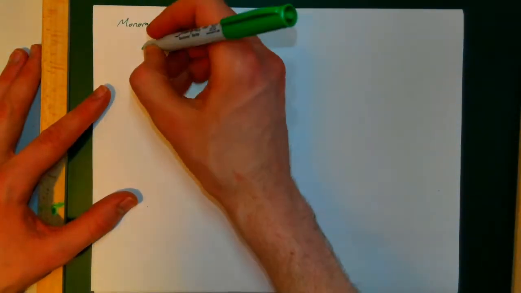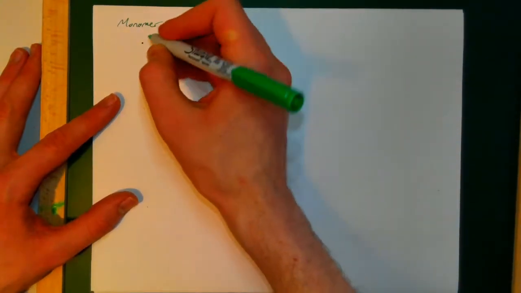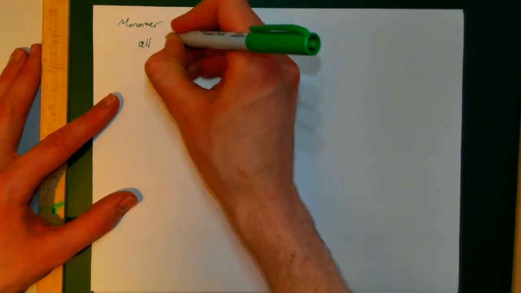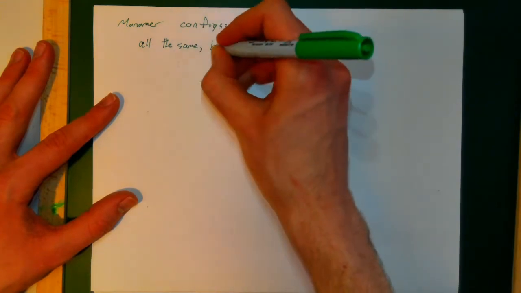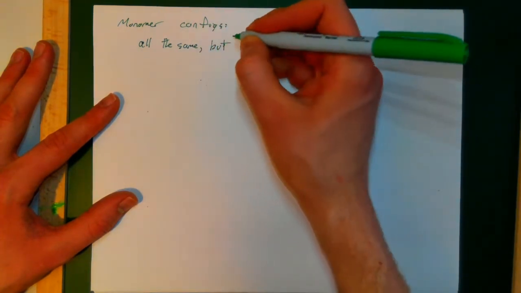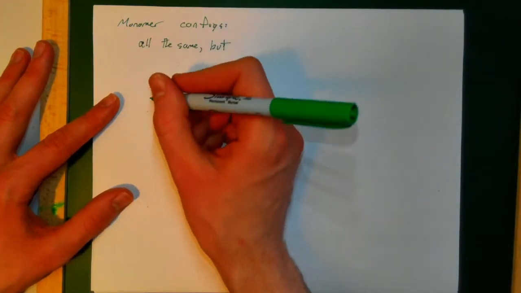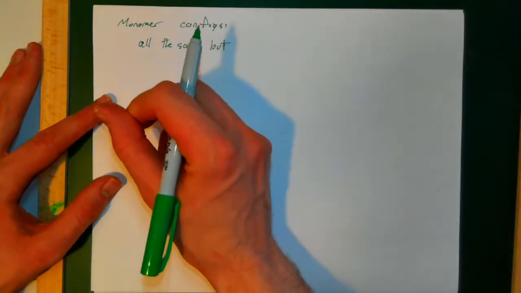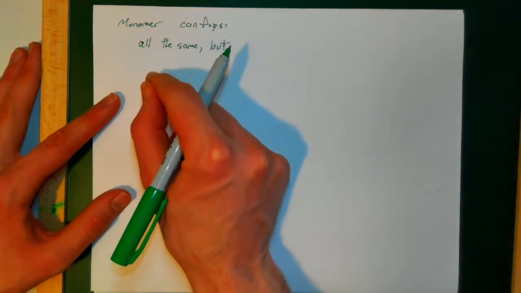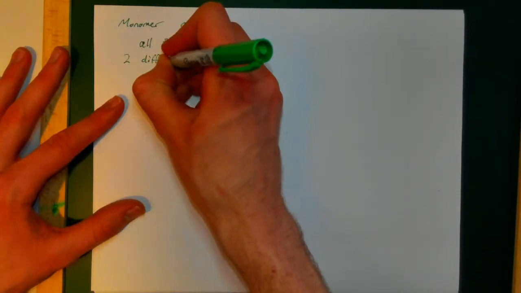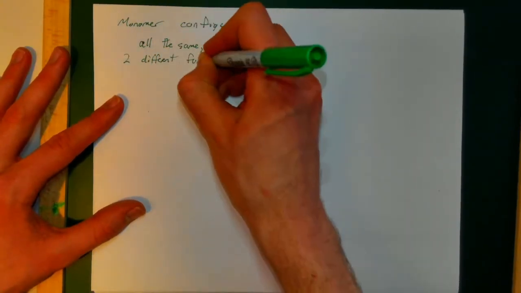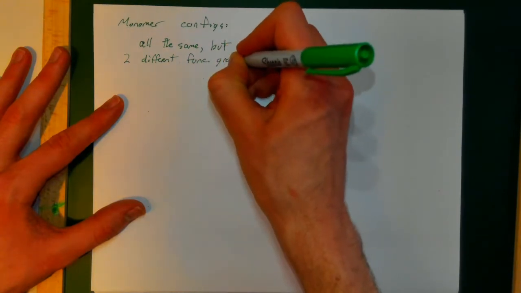So the two main types of monomer configurations that you can have: one is where basically all the monomers are the same, but with two different functional groups per monomer.